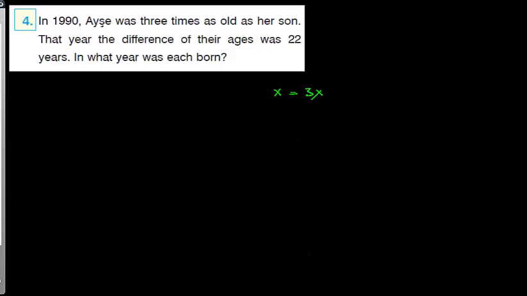They are not equal, sorry. It's like this. Aisha's age and son's age: the son is equal to x, and Aisha's age is 3 times of it, isn't it? Aisha was 3 times as old as her son, so her son is x, Aisha is 3x.